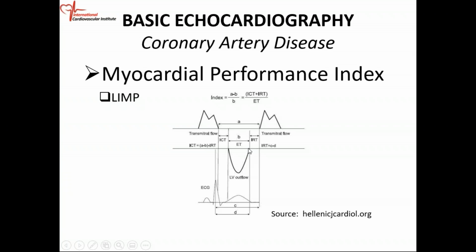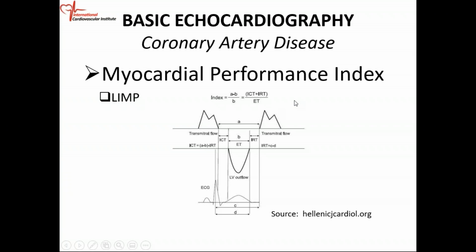Then the aortic valve closes. But before the mitral valve opens, the LV is relaxing. So this is your isovolumic relaxation time, IVRT. Then the mitral valve opens, and again, suction of blood from the left atrium into the left ventricle, diastasis, the atrium contracts, A velocity.